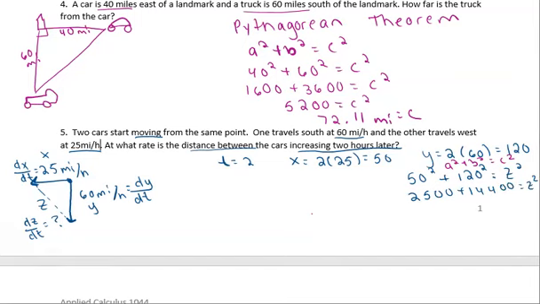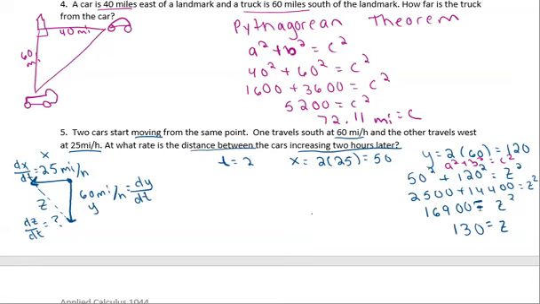So add those together, we get 16,900. Is equaling z squared. Again, we can't have a negative distance, so we're going to use the positive version, which would be 130.